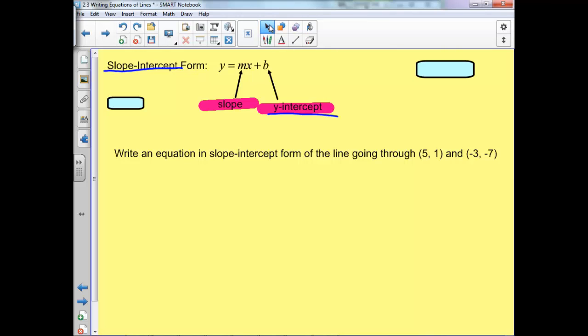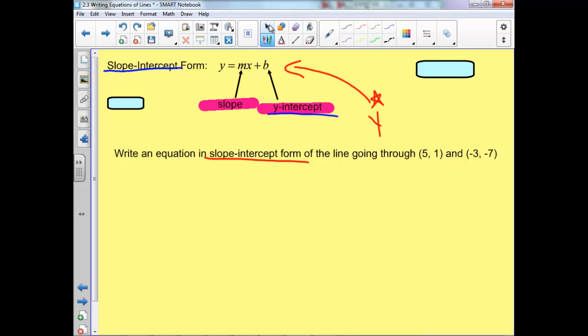So now we're going to write an equation, and we want our end answer in slope-intercept form that goes through these 2 points. Also notice up here, the key thing with this form is your y value, or your y, is alone. That's the key for slope-intercept, to remember how to get to that point.